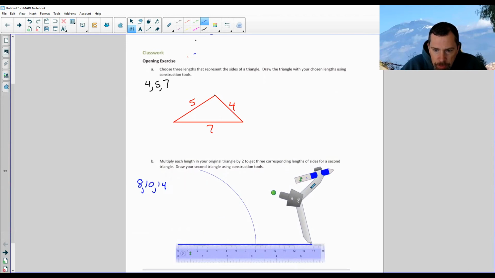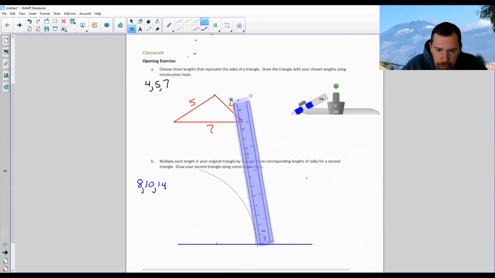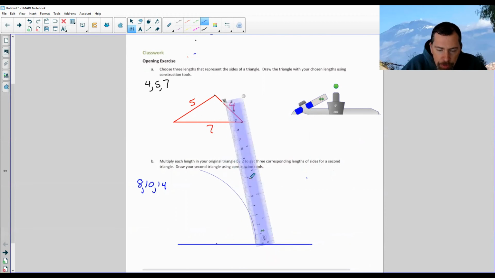My compass doesn't open far enough. It only opens to here. I need it length 10. So the only way I could do this, since my compass isn't big enough, is move this over here, rotate up, and find where, I guess I could use my ruler to do this.